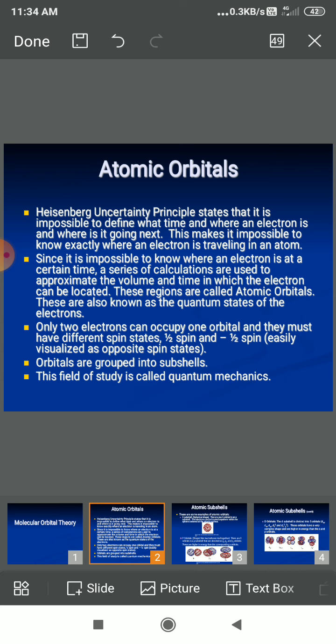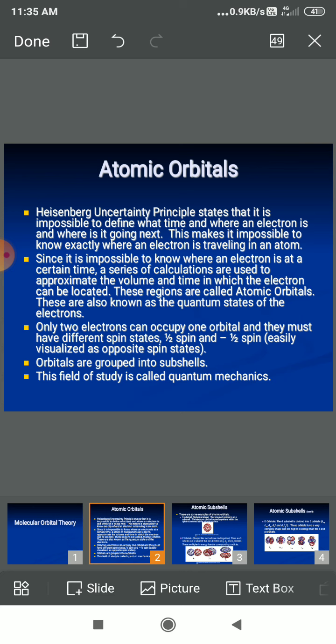Heisenberg uncertainty principle states that it is impossible to define at what time and where an electron is and where it is going next. This makes it impossible to know exactly where an electron is traveling in an atom.